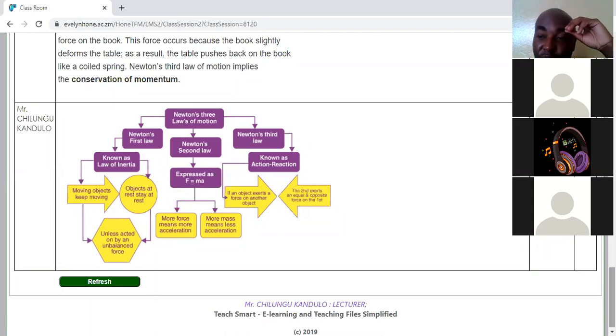Objects moving keep moving with constant velocity unless acted on by an unbalanced force, which in this case is the external force. So these two are equilibrium, moving at a constant velocity and also at rest. Newton's second law, it's the one we apply the most.